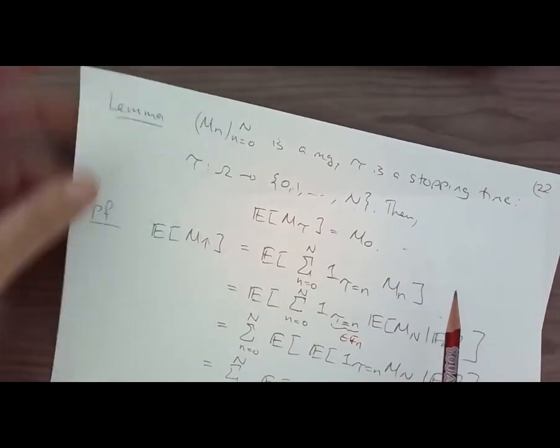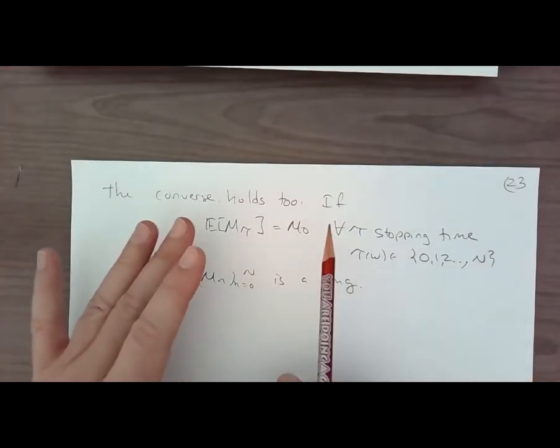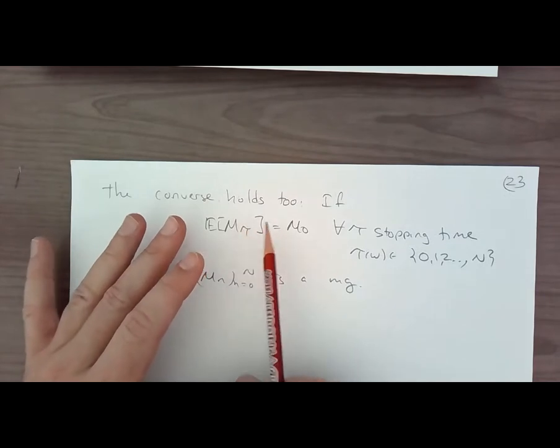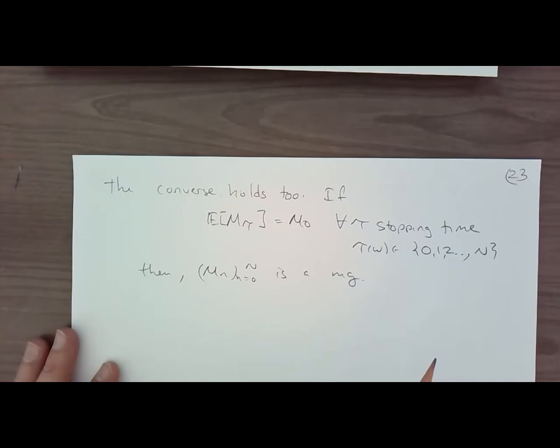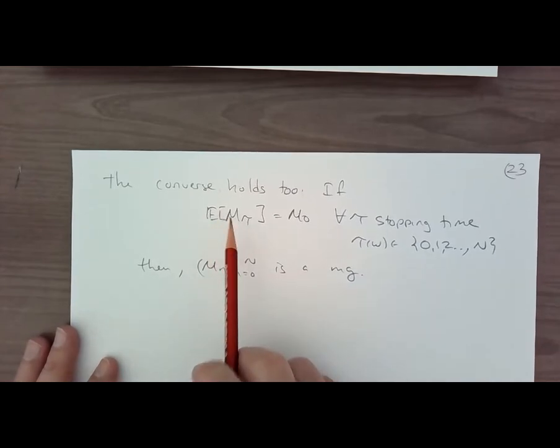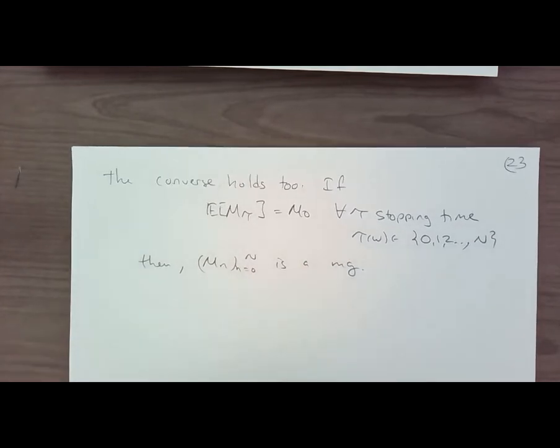But if you test it at stopping times, if the property holds not just at constant times, but at these random times that are called stopping times, well, then you get the martingale property. So this is a much, much stronger condition to satisfy for a process relative to the one that just shows that you have constant expectation at all fixed times. So again, it highlights that these are really not to be thought of as just constants. It's more general.